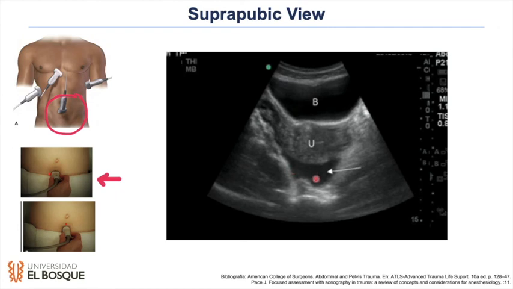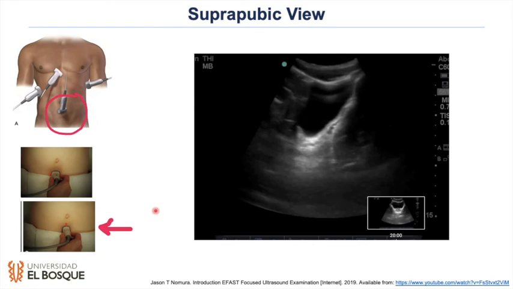Remember that it is physiologically normal to have up to 50 milliliters of fluid in a female patient, but if you have more than 50 milliliters in this area, it means that we have free fluid in the pelvic area. So the pouch of Douglas and the uterus here.